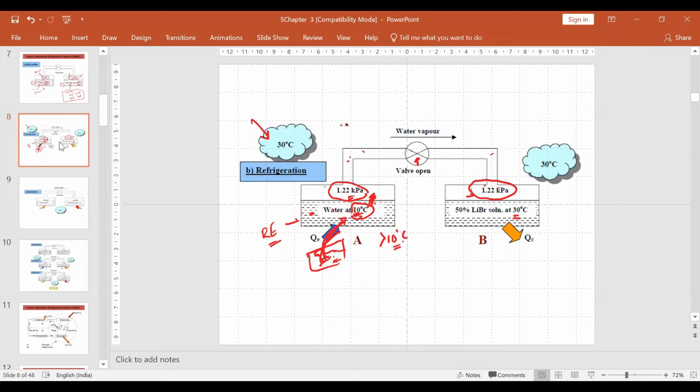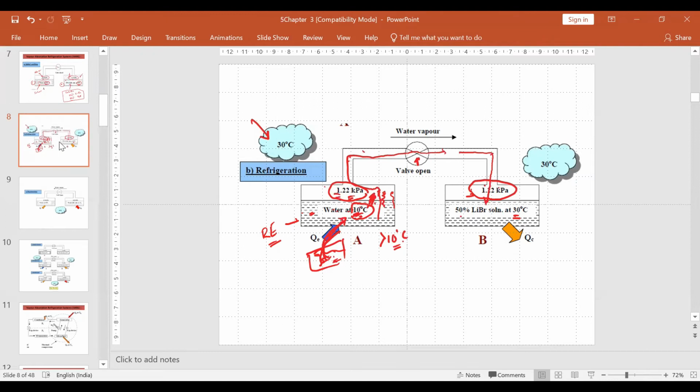Now, the boiling point of water at 1.22 kilopascal is 10 degrees. So if the temperature increases more than 10 degrees, what happens? Water starts boiling. Vapor is produced. Okay. This water vapor now goes in this direction because the valve is open in this direction. Now it will enter here.